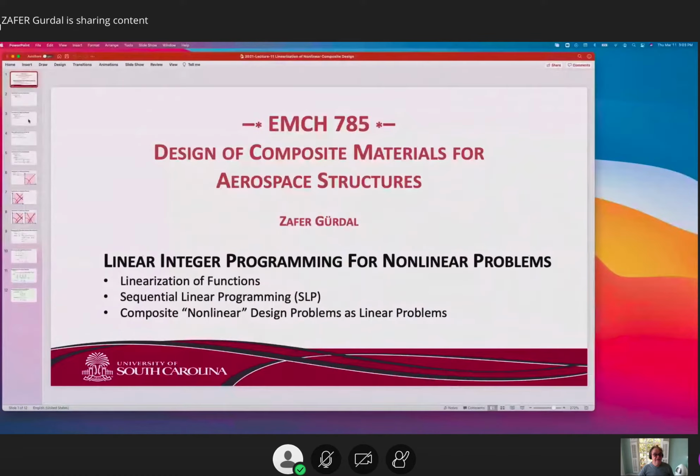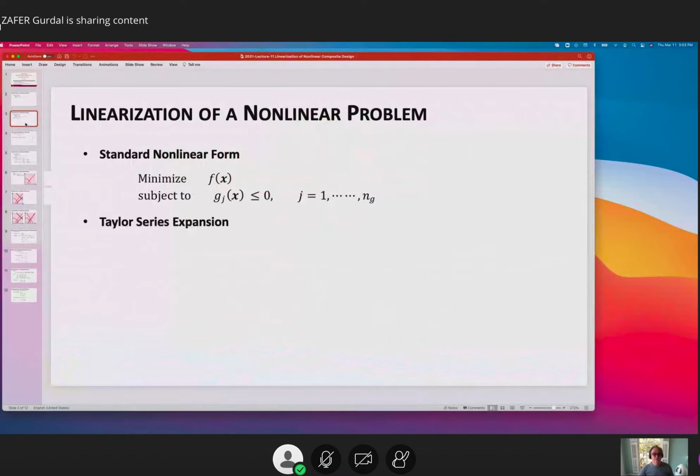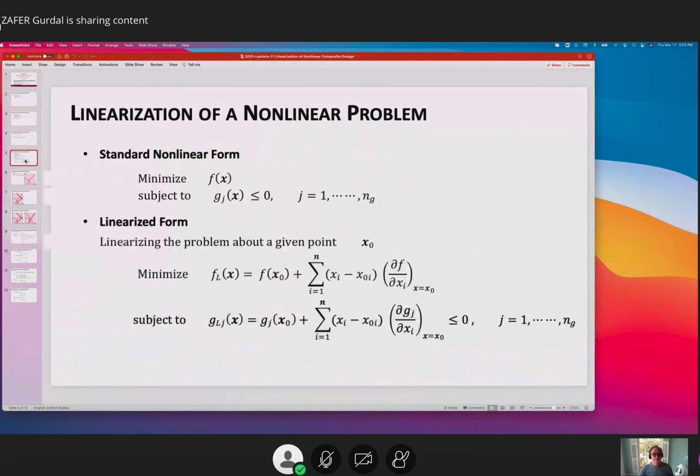So we said that any nonlinear program can be turned, through the Taylor series expression, into a linearized form where you will need the first order derivatives of the objective function and constraints. Nothing more than the first order derivatives.